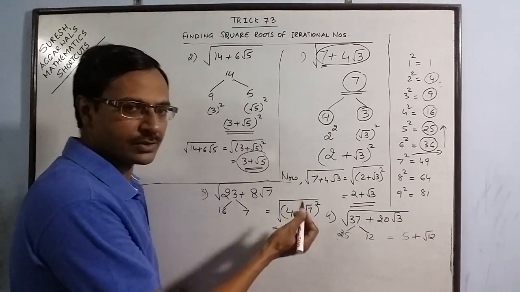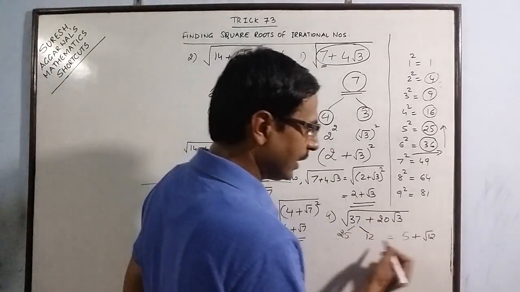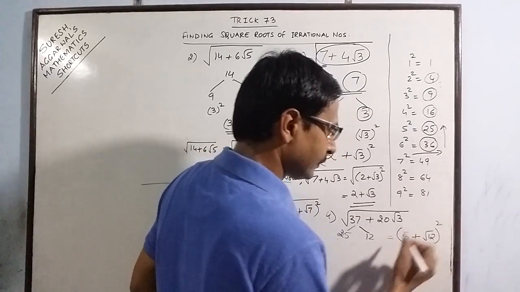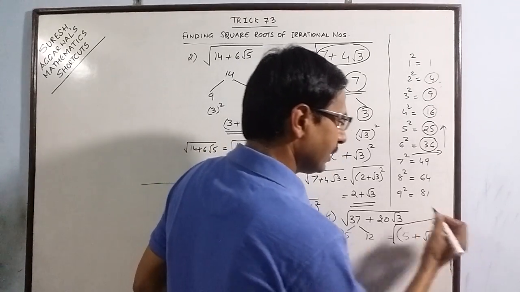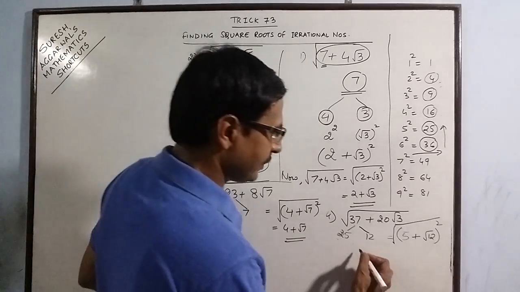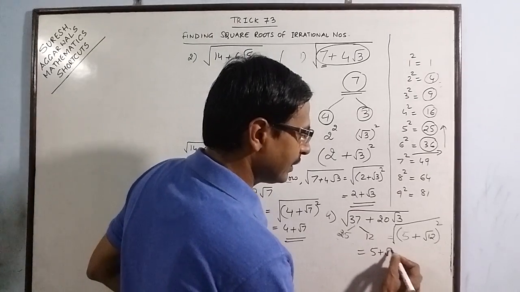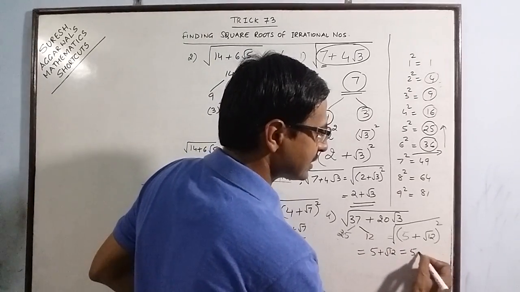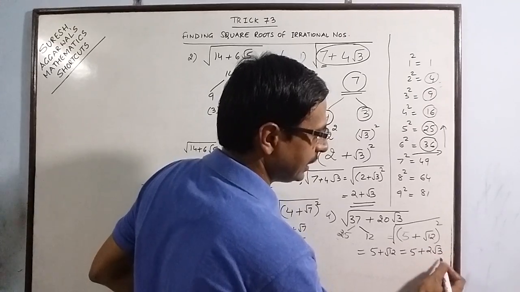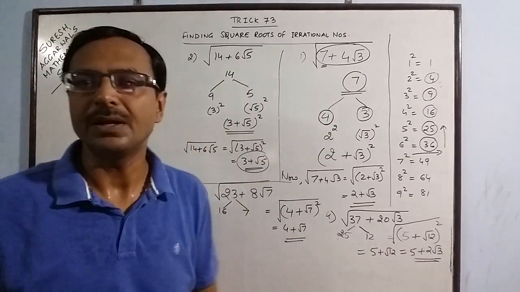The other number is put in the square root sign, so the square root of 12 whole square. We have the answer as 5 plus root 12. Root 12 can further be written as 2 root 3, so your answer is 5 plus 2 root 3.